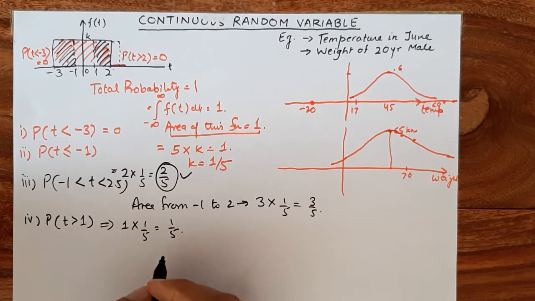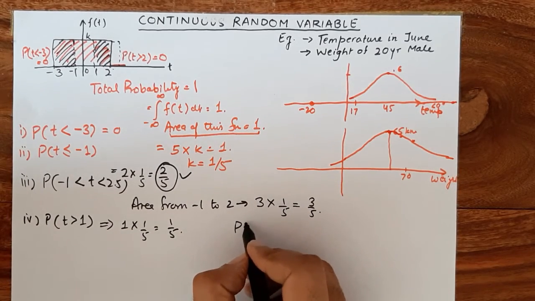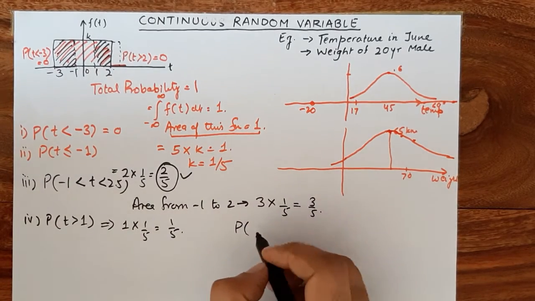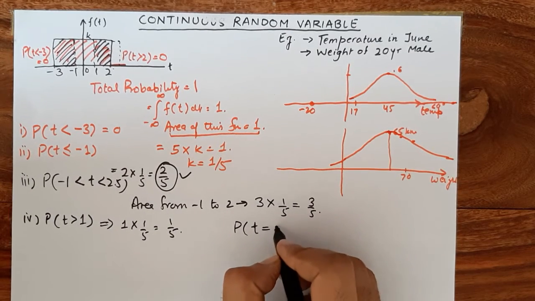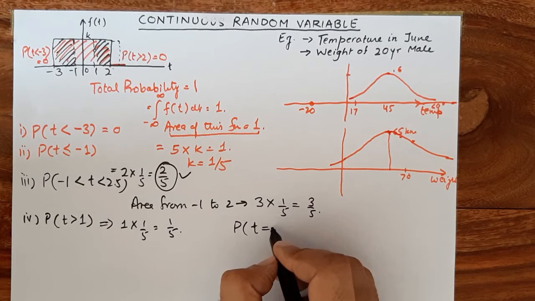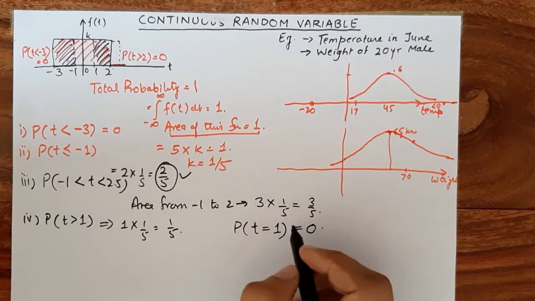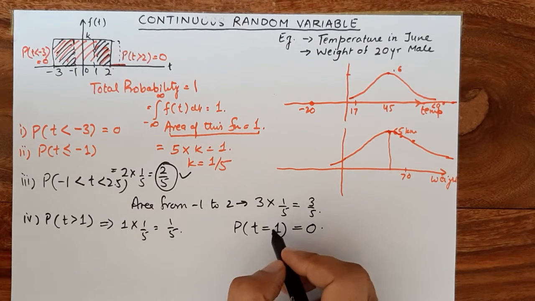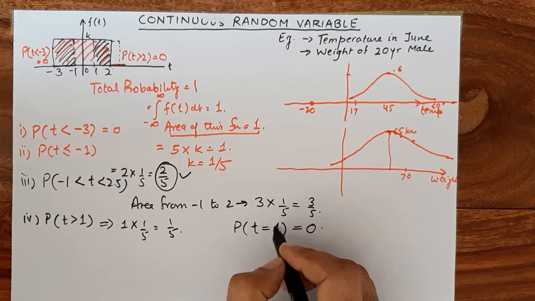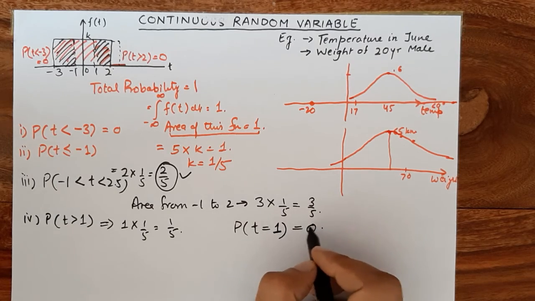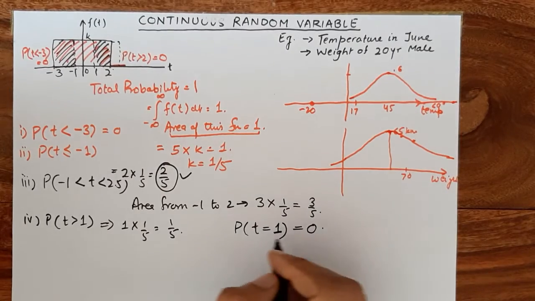This area is from 1 to 2, the width is 1 into 1 by 5, which is equal to 1 by 5. An important property of continuous random variables is that if you wish to find the value of probability at a certain point, equal to, let us say, 1, this will be 0. You could find the probability at a point greater than or equal to 1 or less than or equal to 1, but at a certain point it is going to be 0 because you cannot find the area of a line.